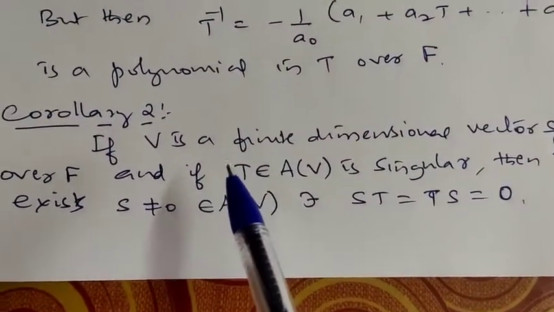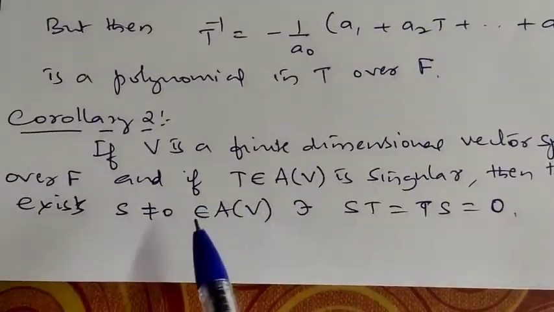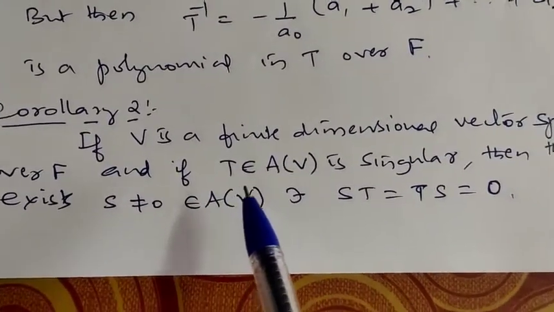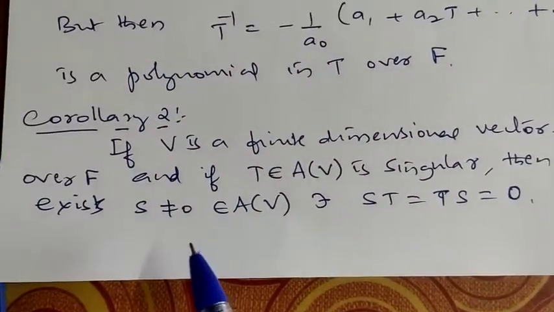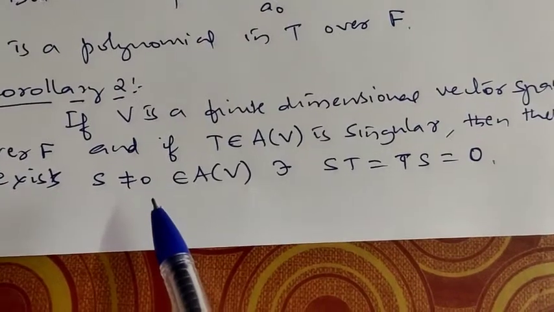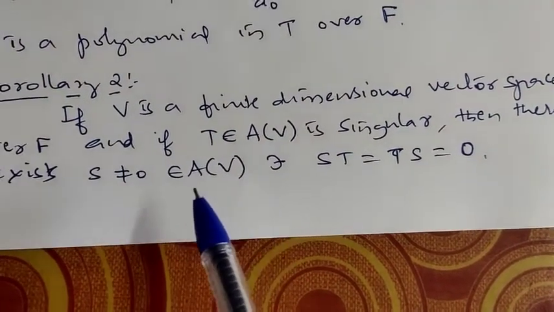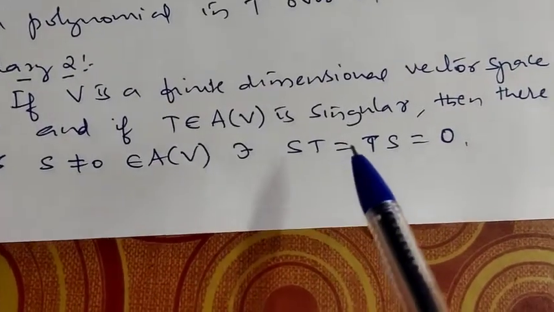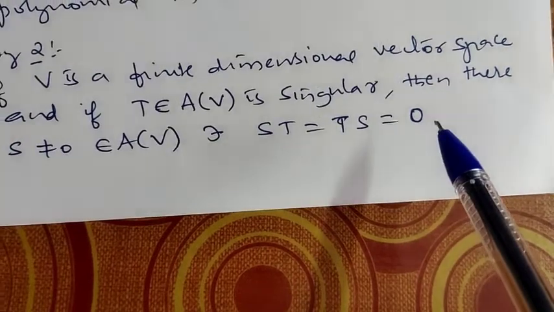Corollary 2. If V is a finite dimensional vector space over F and if T belongs to A of V is singular, then there exists a non-zero transformation S belonging to A of V, such that S into T is 0 as well as T into S is also 0.